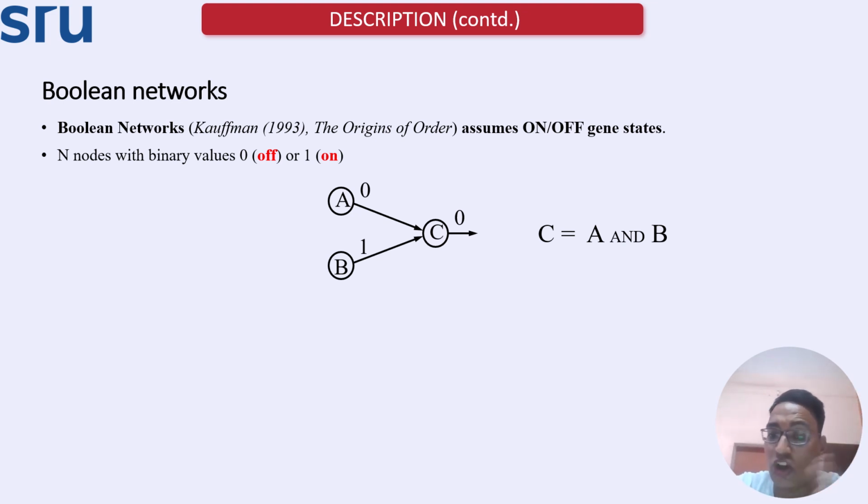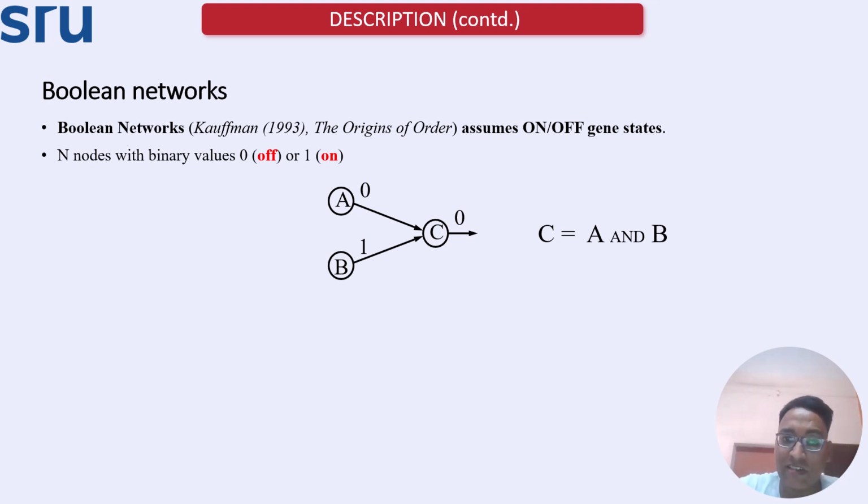When the gene is on, he represented it as 1, and when the gene is off, he called it 0. Only the binary states, subject to input or output. So he was saying that all this can be represented as Boolean networks.